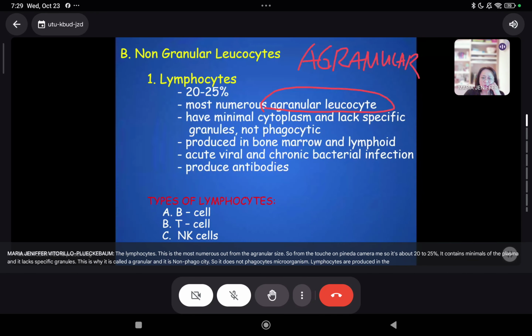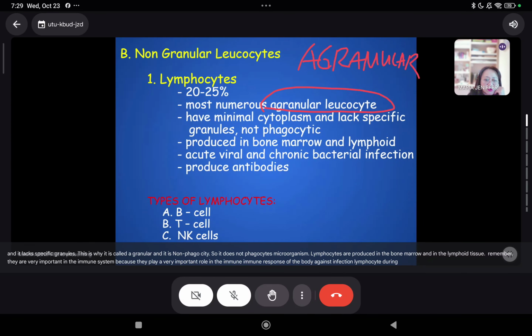Lymphocytes are produced in the bone marrow and in the lymphoid tissue. Remember, they are very important in the immune system because they play a very important role in the immune response of the body against infection.